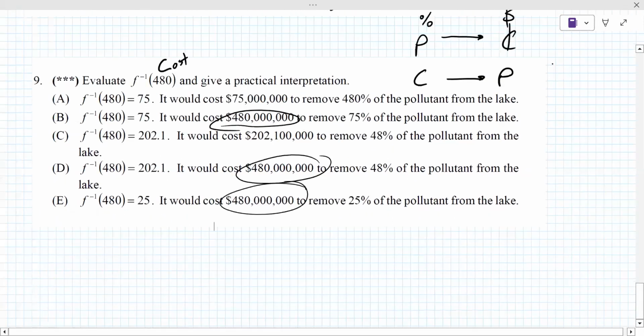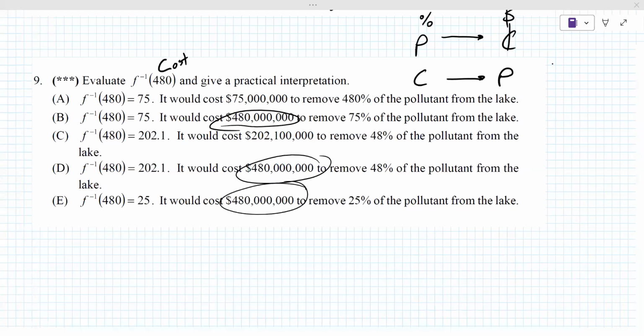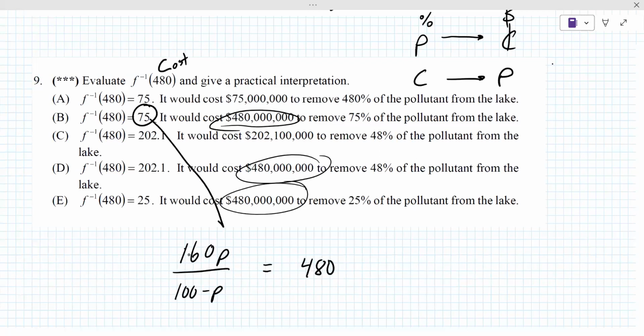So to do that, you go back to the original equation. And you're trying to figure out, well, where does this equal 480? So you could try solving this, or you could see, well, does 75 work? Or does 25 work? Or does 202.1 work? Right. Now 202.1 is completely unreasonable because it's more than 100%. So it's probably either 25 or 75.